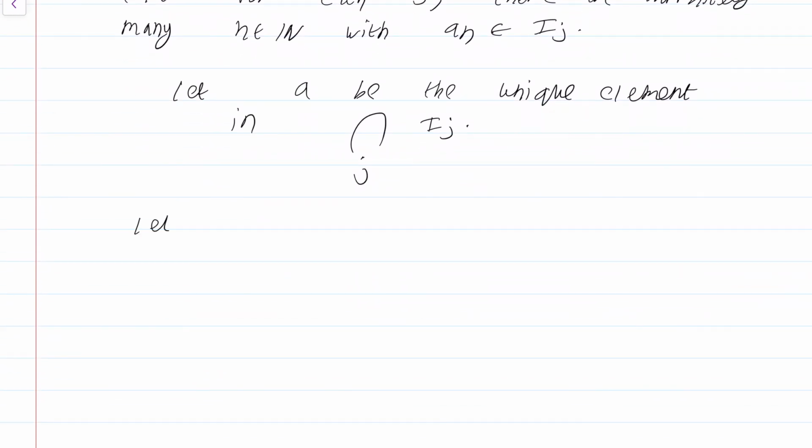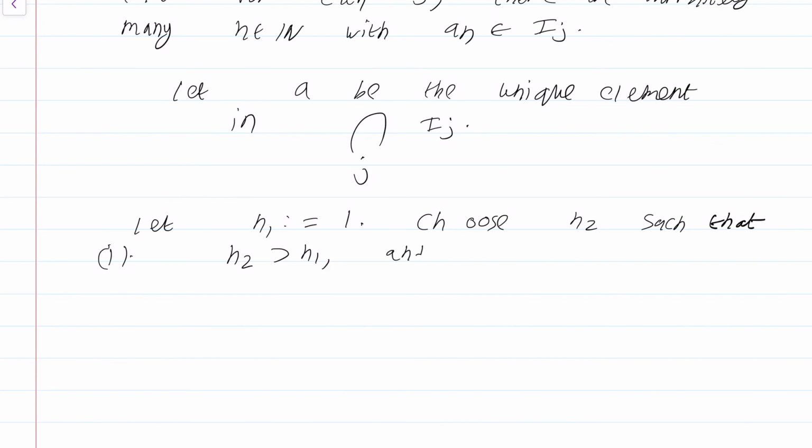Now, let n1 be just 1. Choose n2 such that first of all n2 is greater than n1 and second an2 is in I2.